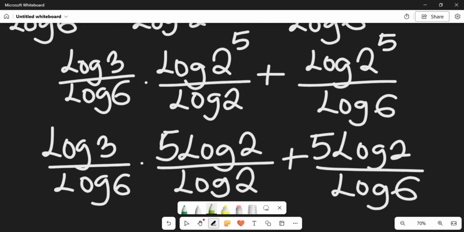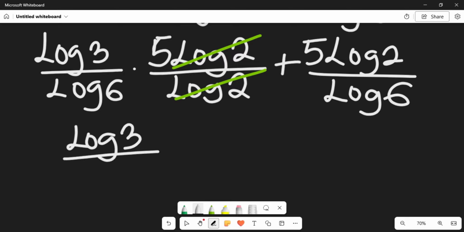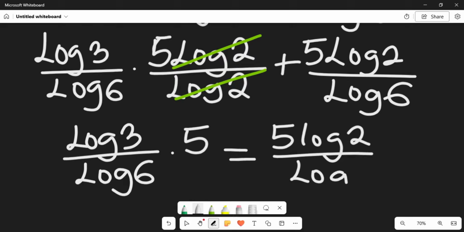At this point, you see that log 2 will cancel out log 2, and then we'll have that expression to now give us log 3 divided by log 6 multiplied by 5, and this plus 5 log 2 divided by log 6.